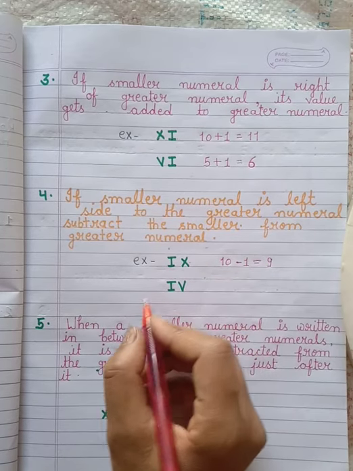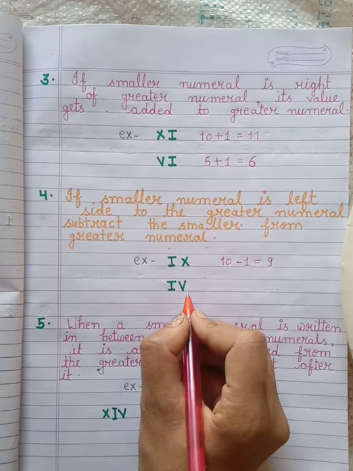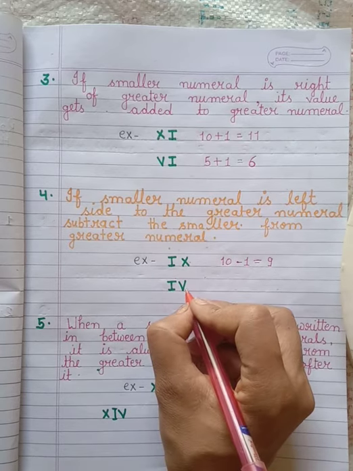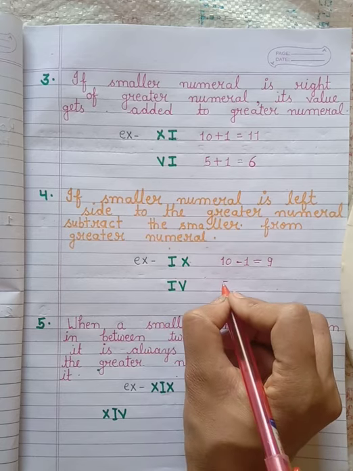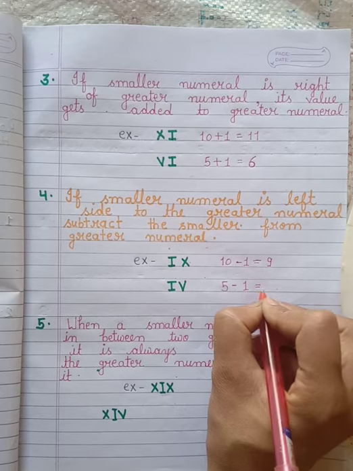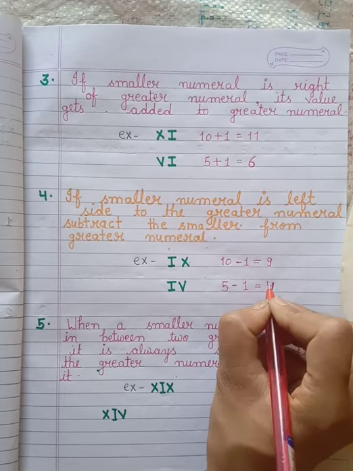Next, IV. The value of V is 5 and I means 1, so we subtract 1 from 5: 5 minus 1 is equal to 4.